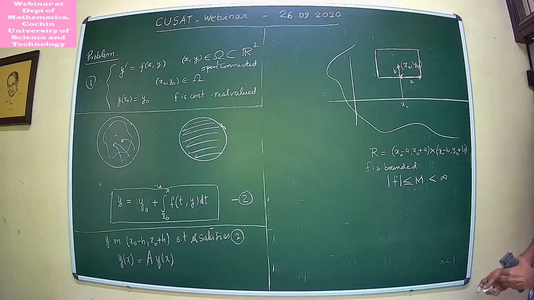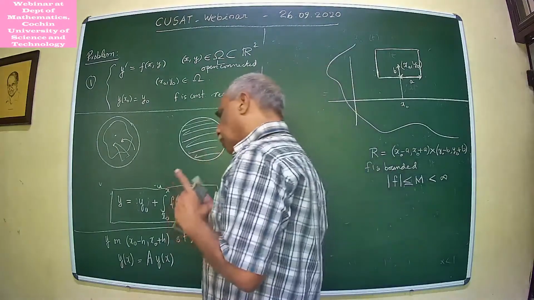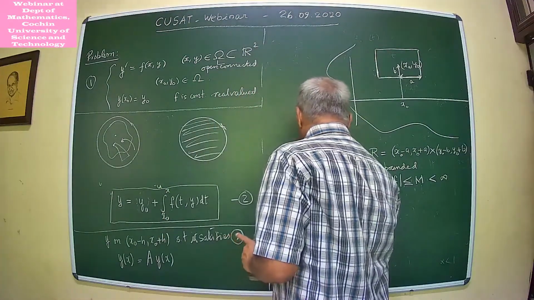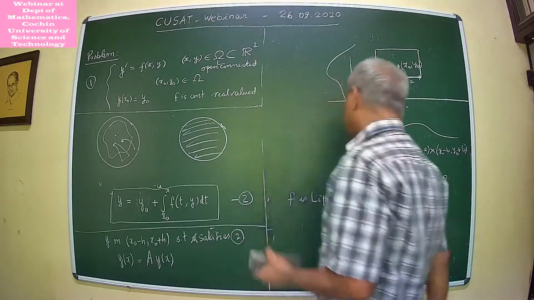Now, what do I do? We also need to make one more assumption, that f is Lipschitz. What do you mean by that?